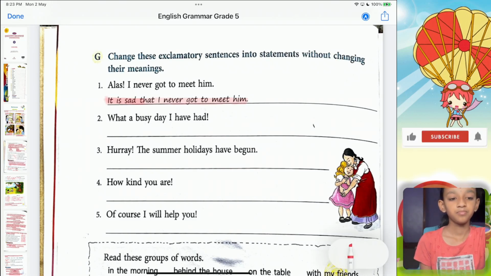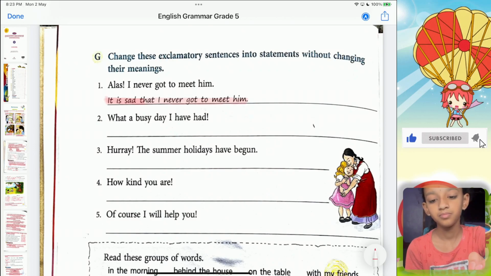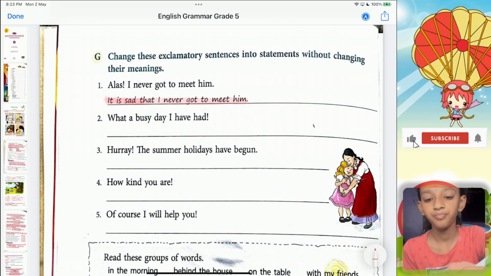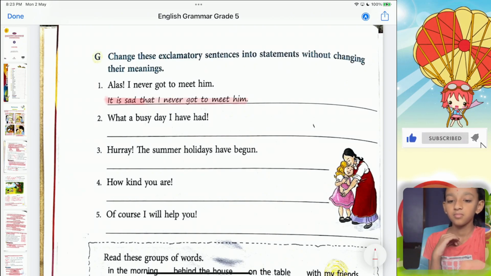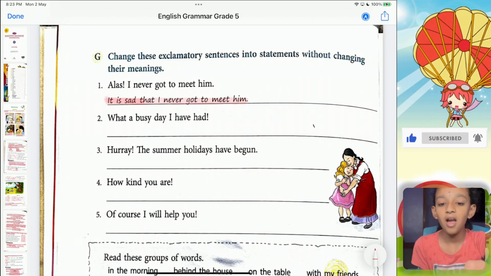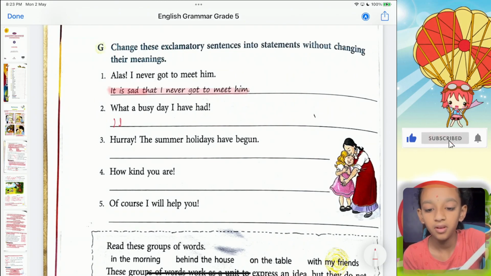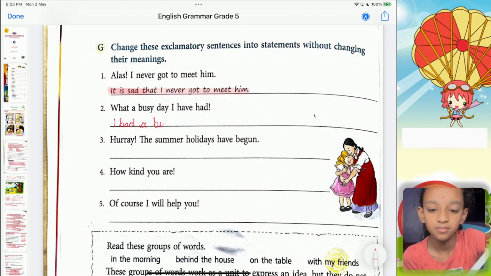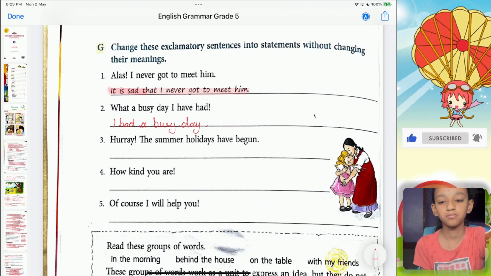Okay, now use a pen. Okay, so the next exclamatory sentence is, what a busy day I've had. So if you have to make that as a statement, what do you say? I had a busy day. Correct. Okay, the next one. Hooray!